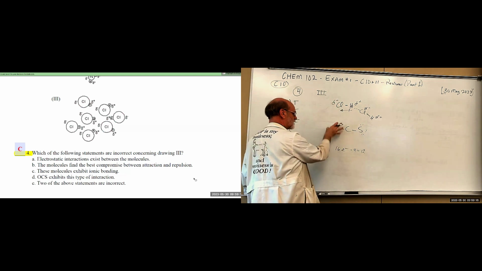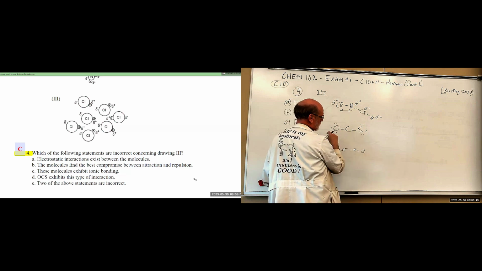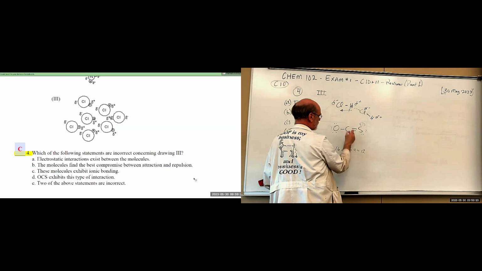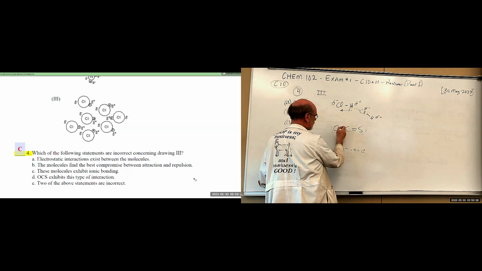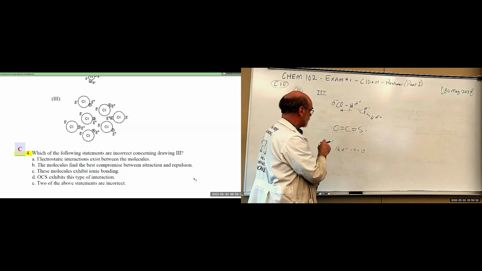Okay, so these have octets. That one has an octet. This one doesn't. So for balance, we're going to take that group and make a double bond here. We're going to take this one and make a double bond here. So that would be our Lewis dot structure.